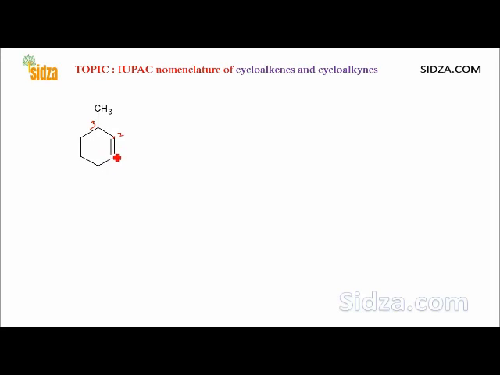So when we name it, it will be 3-methylcyclohexene, right? 6 carbon atoms in the cyclic ring, cyclohexene.